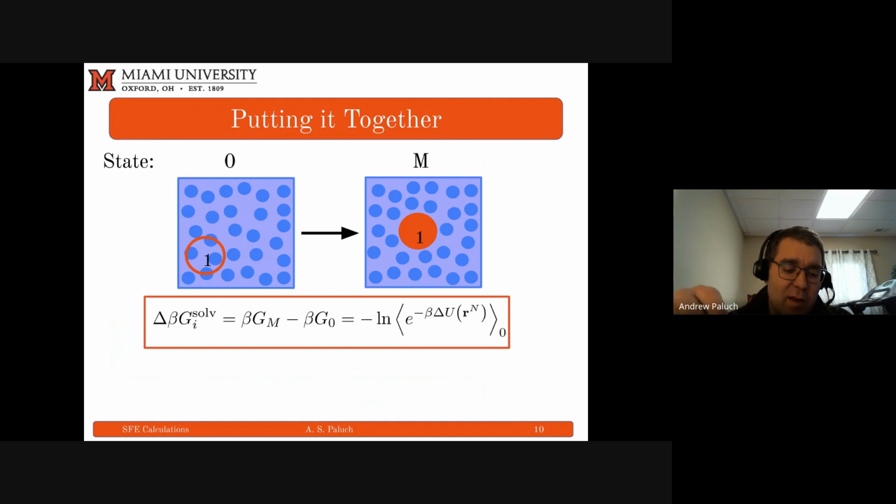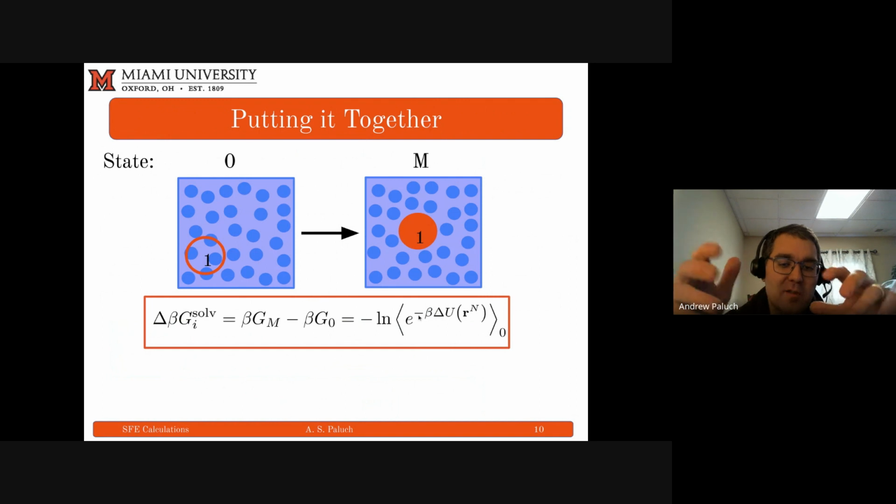Then periodically, you can think of it as pausing my simulation, I'm going to compute the internal energy of my system. I'm then going to turn on the interactions between my solute and solvent, compute the internal energy of that system, and compute the difference, which then allows me to compute this term.